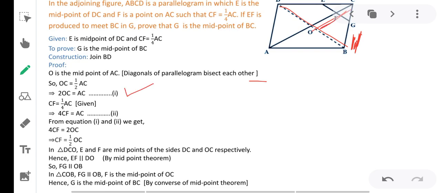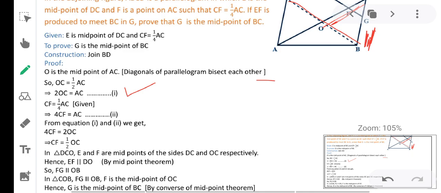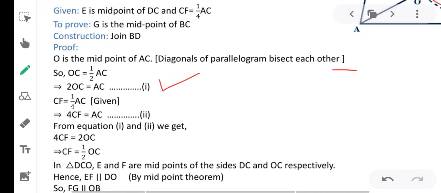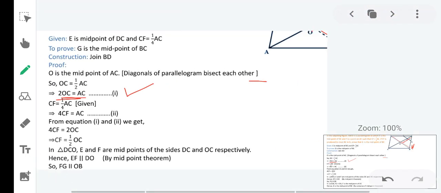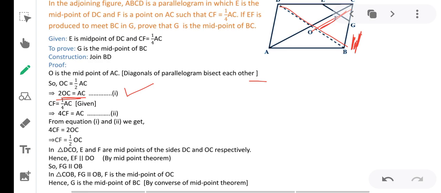Clear? If O is the midpoint of AC, we can write OC equal to half of AC. So AC equal to 2 OC.